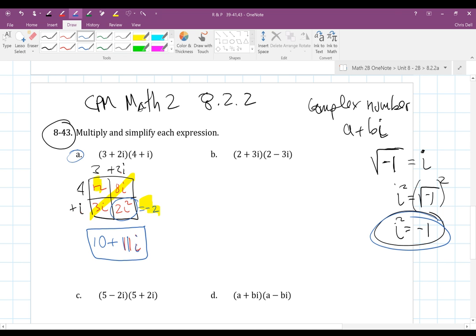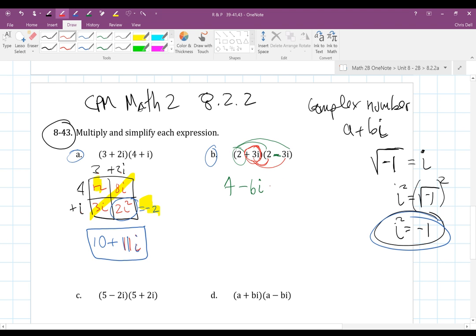The other one I'll show you for B is just using the distributive property without the box. We can multiply this 2 and distribute it, then take the positive 3i and distribute it. So 2 times 2 is 4. Then 2 times, pay attention to the sign, -3i would be a minus 6i. Then I'll take the 3i and distribute that.